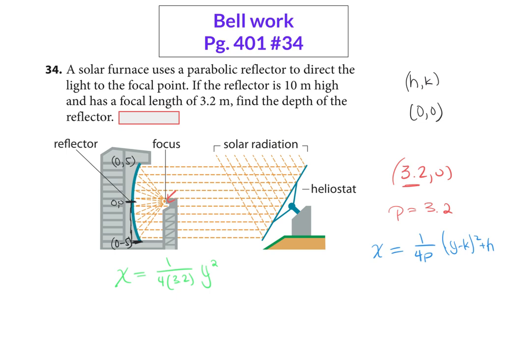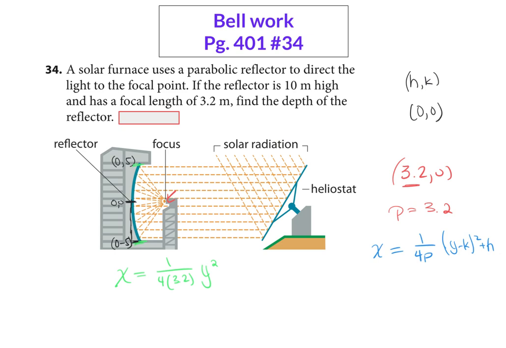They want me to tell them how high this gets. Well, think about it, this is flipped. So normally if I know my x, I plug it in and solve for y, but this is an x equals equation. I know my y, I can plug it in and solve for x. Either one of these will give me the same answer, whether I put in positive 5 or negative 5, because we're squaring it.